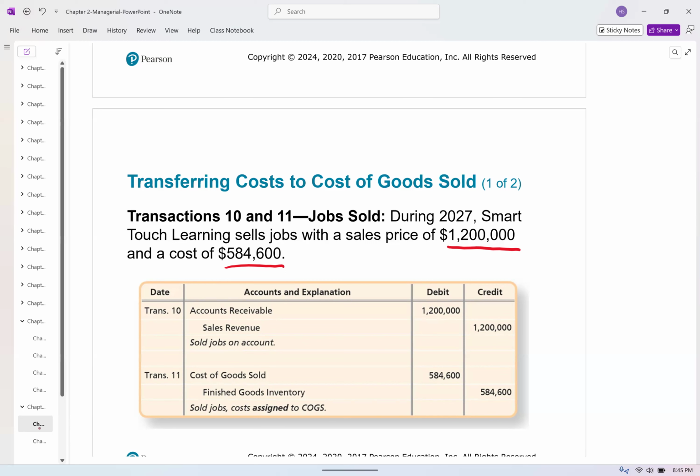Before, when we had merchandise inventory, we would debit cost of goods sold and we would credit merchandise inventory. Remember that? Remember, I told you maybe at the beginning of chapter 1 of Managerial that finished goods act sort of like merchandise inventory. So now it's leaving finished goods.